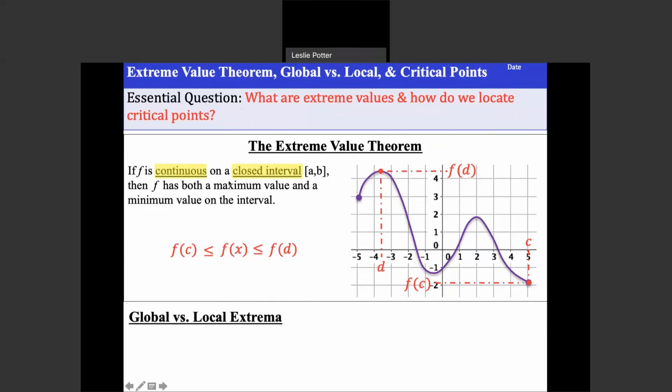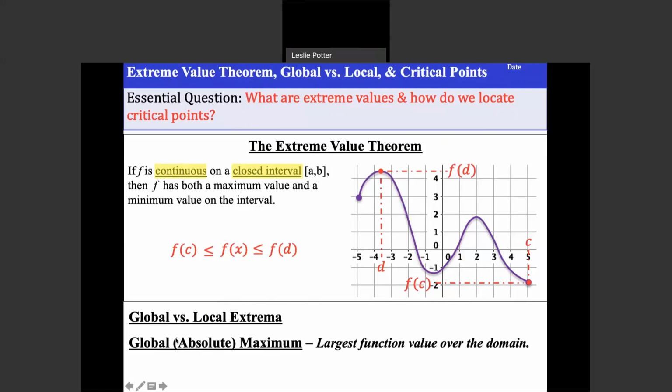Whenever we talk about minimums and maximums, we generically call those extreme values. Extreme being like way away from the middle, so to speak. Maximums and minimums are extreme because they're at the ends of the spectrum. Global, or in other words, absolute. A global maximum is the largest function value over the entire domain. I call this the biggest of the big.